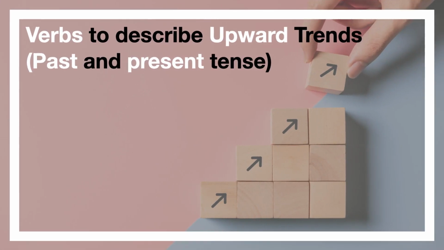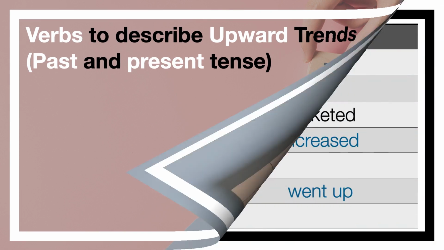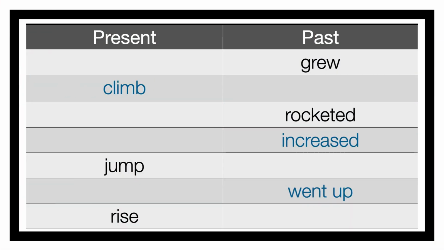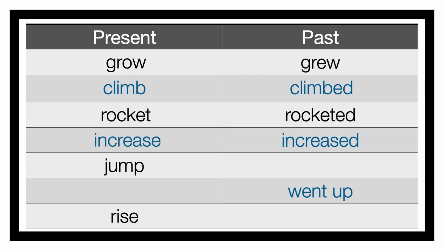Now we're going to look at the verbs to describe upward trends, past and present tense. Grow, grew. Climb, climbed. Rocket, rocketed. Increase, increased.